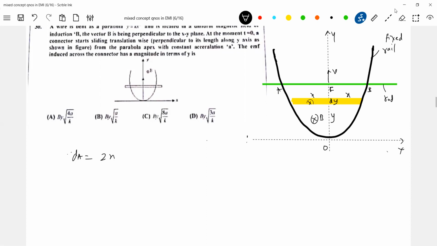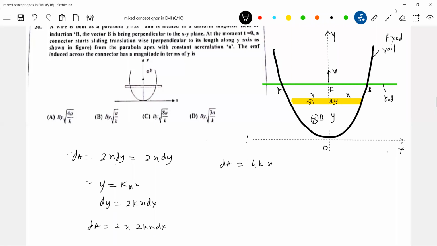dA is equal to 2x into dy. Y is equal to kx square, so dy is equal to 2kx dx. dA is equal to 2x times 2kx dx, so dA will become 4k x square dx.